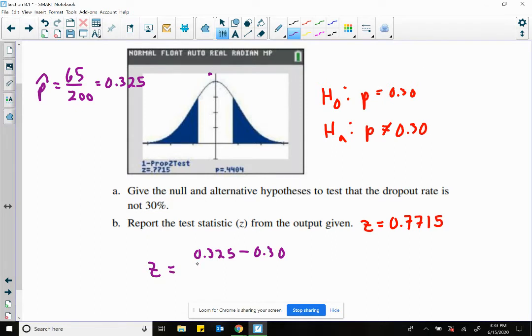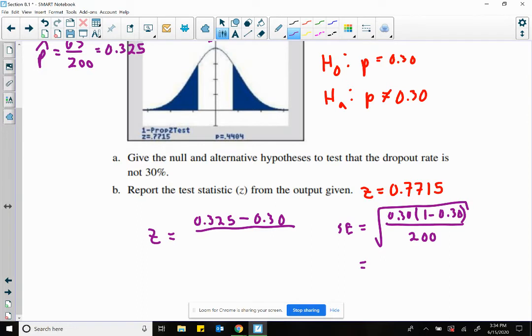And we're going to divide it by the standard error. Now to get the standard error, we need to take the square root of 0.30 times 1 minus 0.30, divided by n, which is 200.